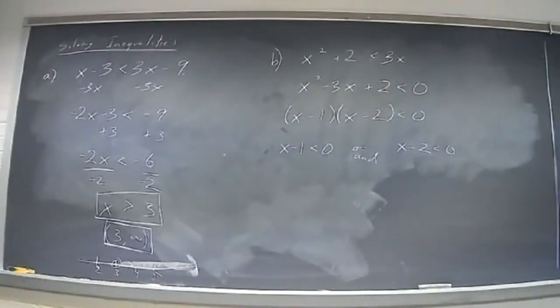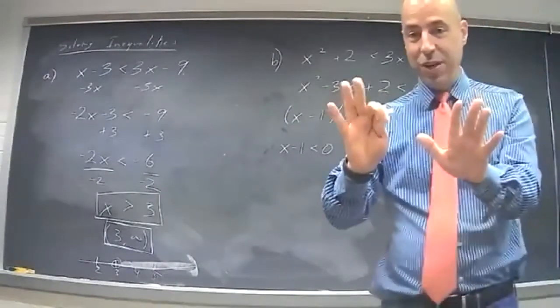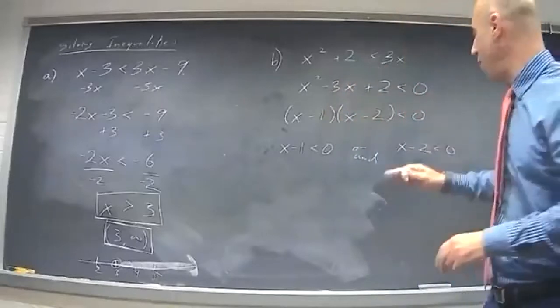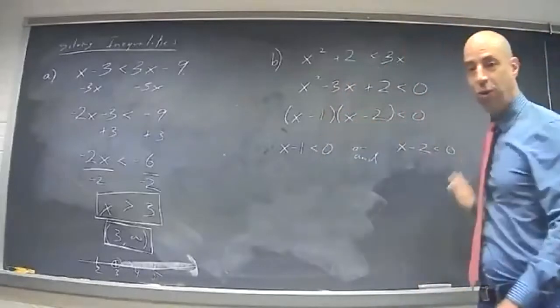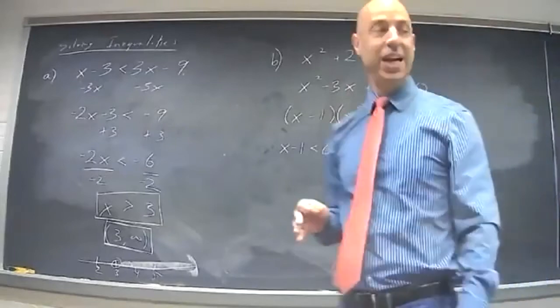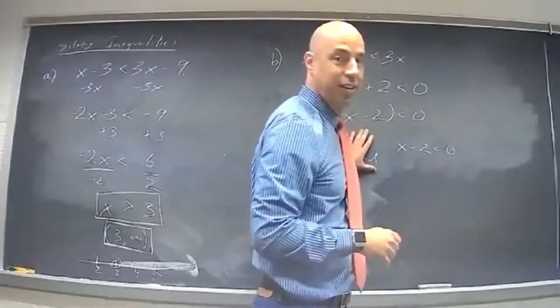If you did that, no matter what you wrote in here, the whole thing's wrong. There's no way to get the right answer. It doesn't matter what you write right here.